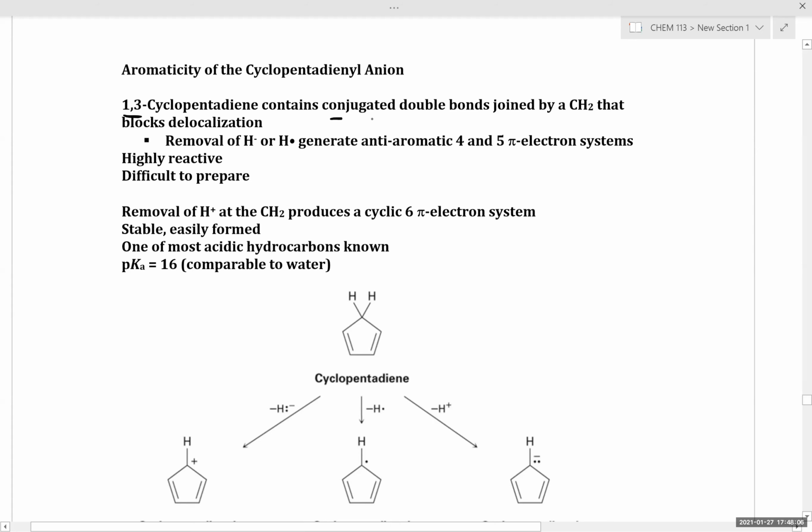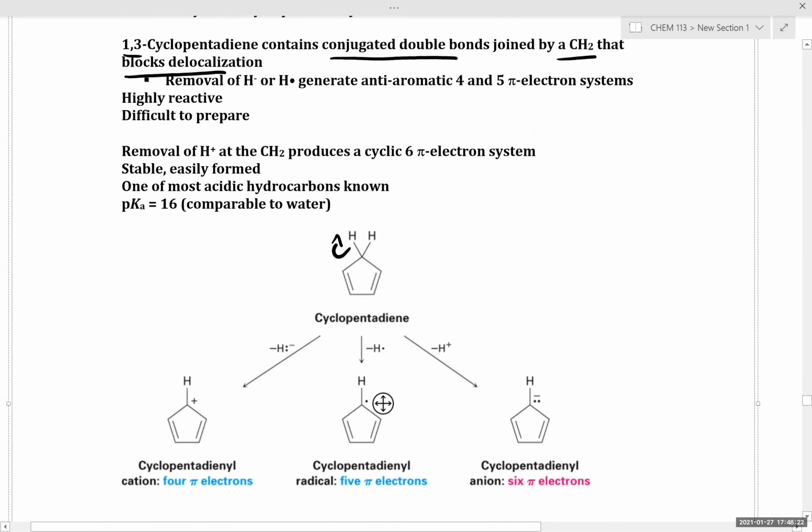1,3-cyclopentadiene contains a set of conjugated double bonds joined by a methylene group that blocks delocalization. If we try to ionize cyclopentadiene via loss of hydride to make the cyclopentadienyl cation, this system has 4 pi electrons and it's anti-aromatic.